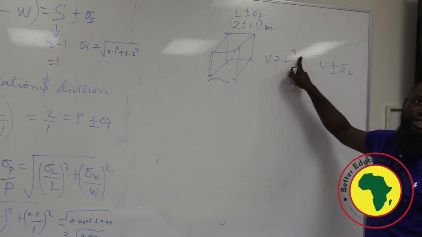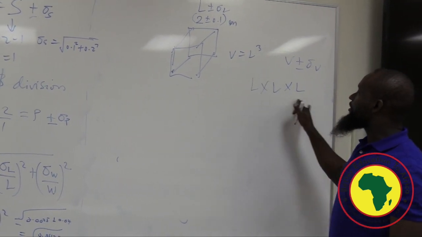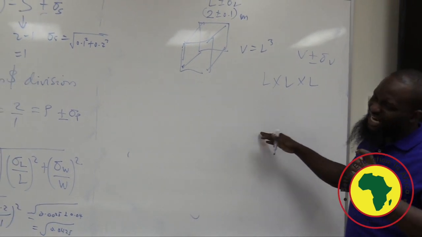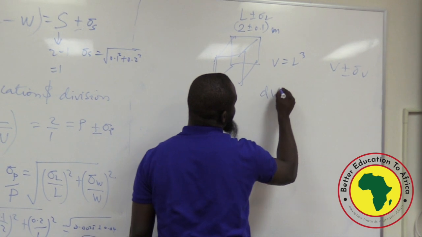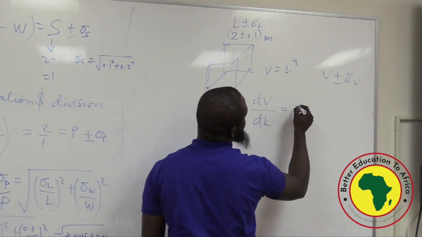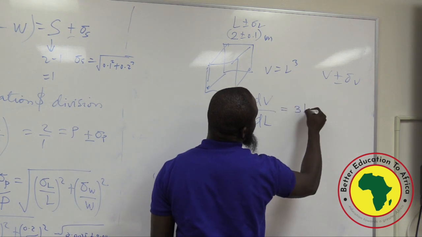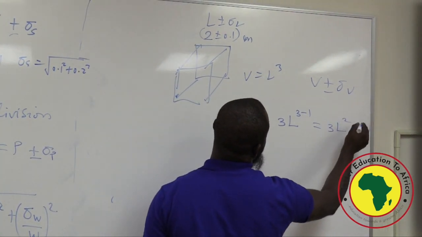Now it's a power, L cube. So you don't say L times L times L and compute this separately. You get an answer that's slightly different. So for powers, we differentiate. So we say dV over dL equals, we differentiate this, 3L raised to power 3 minus 1, okay, which is 3L squared.